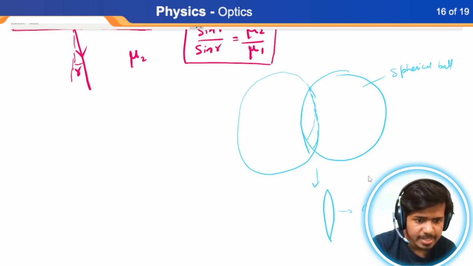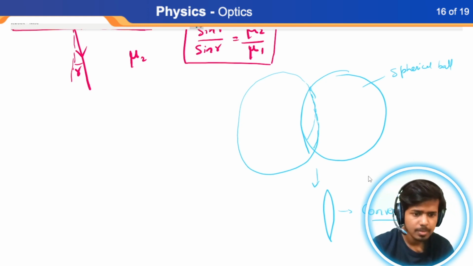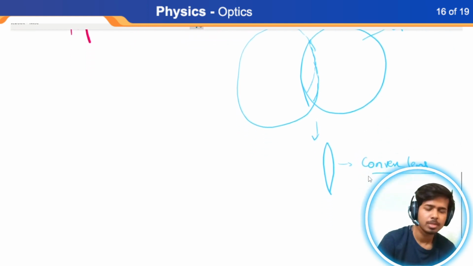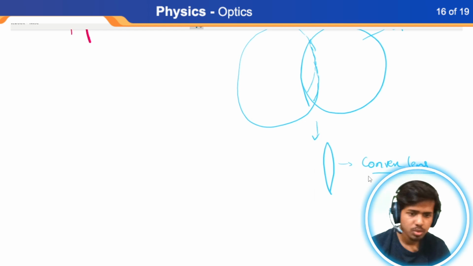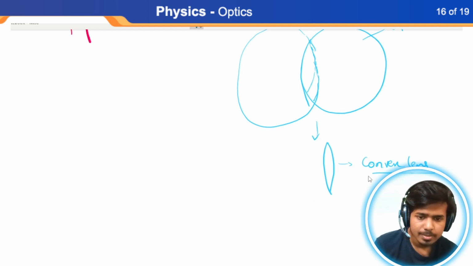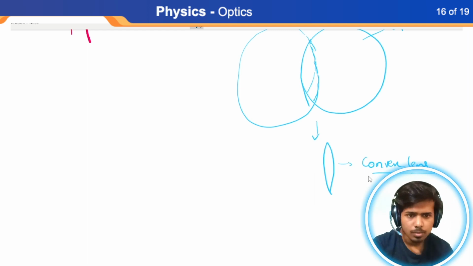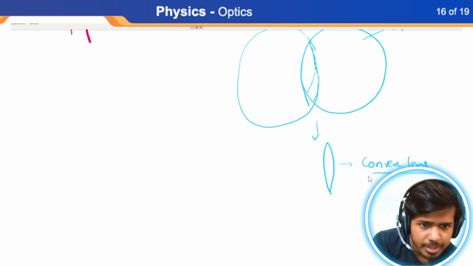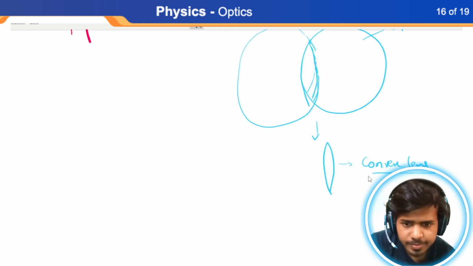This is called a convex lens, because you must be having some experience with the lens itself. So this is a convex lens, and whenever, let's say you have this section outside here, right? So this sphere looks something like this.